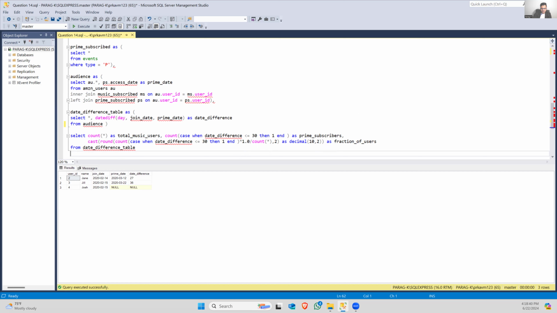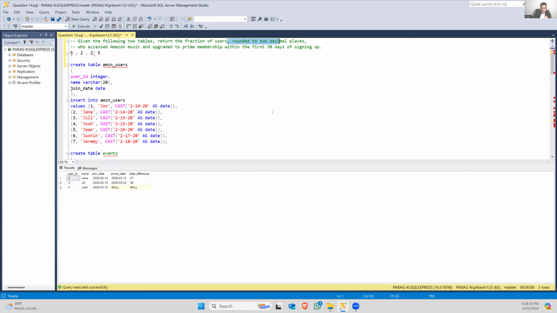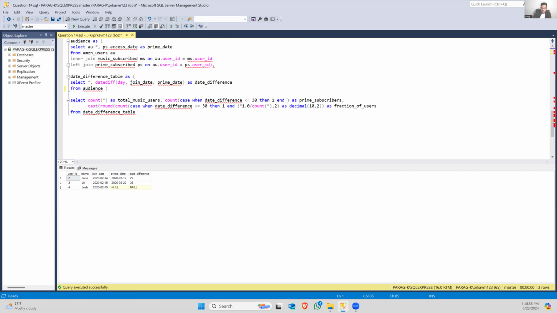And then I'm using the round function also, because we have to round it to 2 decimal places. In MySQL, if you do this much, it's enough.